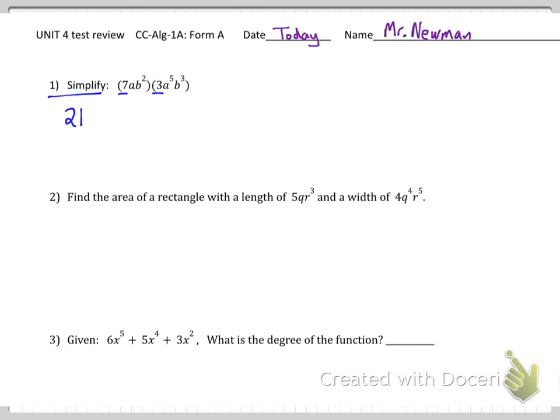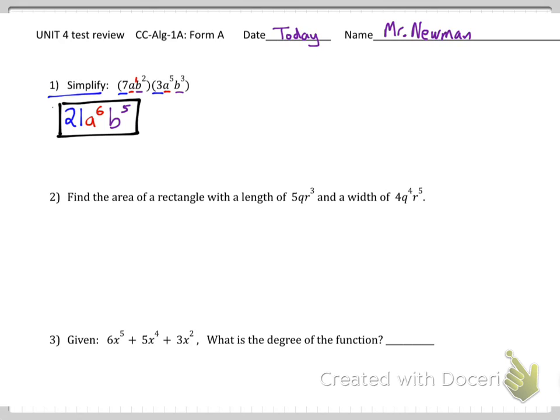When you multiply powers, you add the exponents. So that's an invisible 1 on the a because it's a to the first, and 1 plus 5 is 6, so a to the sixth. For b squared times b cubed, you're going to add the exponents, so you get b to the fifth, and that is your answer.